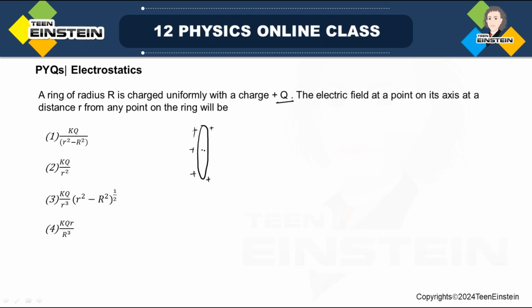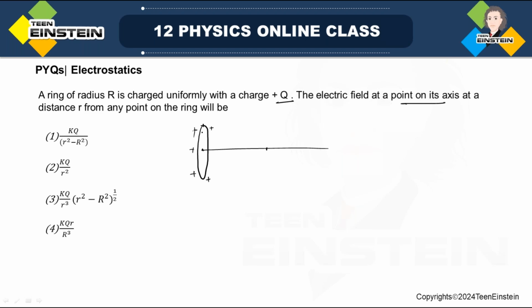Now if this is the center, this is the axis of the ring, and the question says that at any point on the axis at a distance r from any point on the ring.